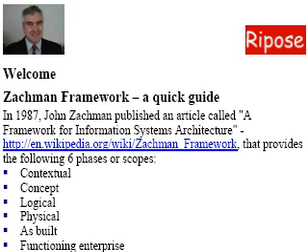In 1987, John Zachman published an article called A Framework for Information Systems Architecture. According to the Wikipedia, quote, "The Zachman Framework is a framework for enterprise architecture which provides a formal and highly structured way of viewing and defining an enterprise. The basic idea behind the Zachman Framework is that the same complex thing or item can be described for different purposes in different ways using different types of descriptions.